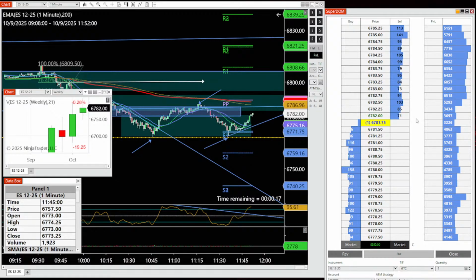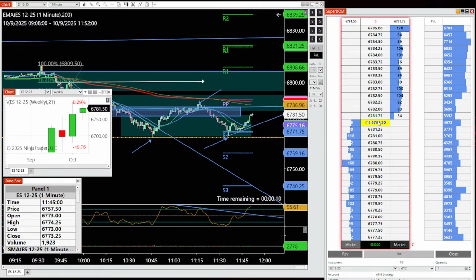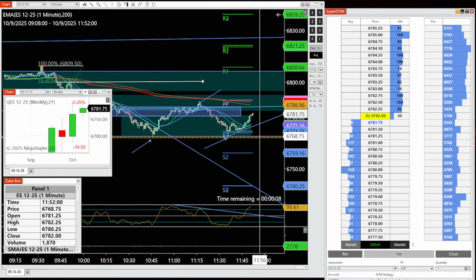One of the shorts is out. Don't want to take a short. Shorts, they tried to push it again. Didn't break the low. Double bottom.